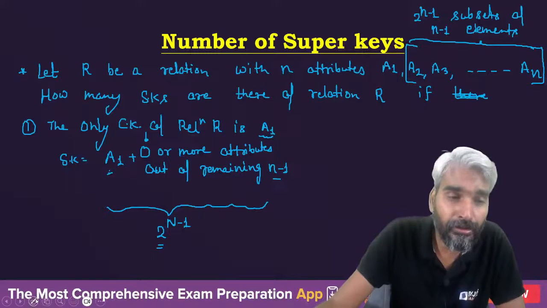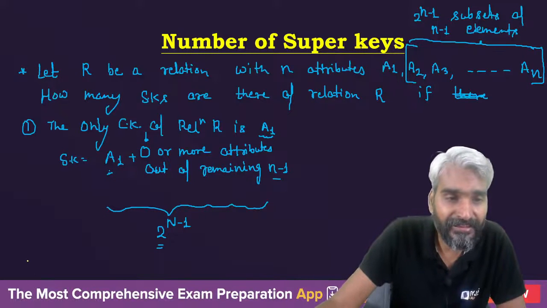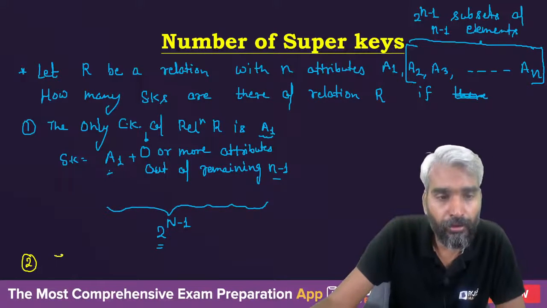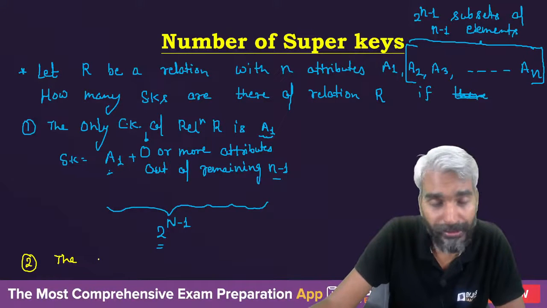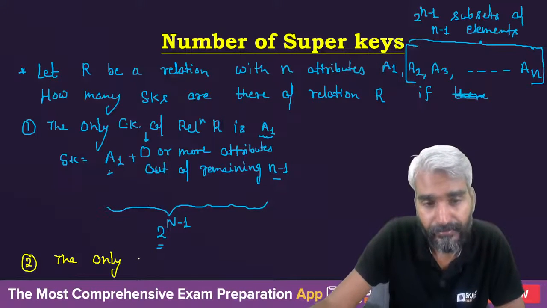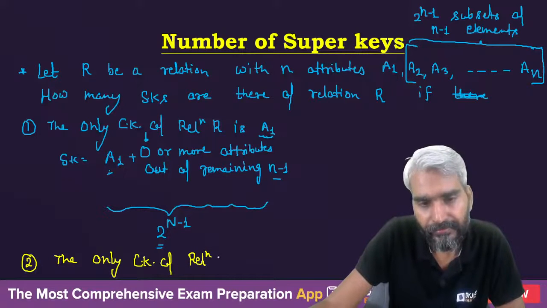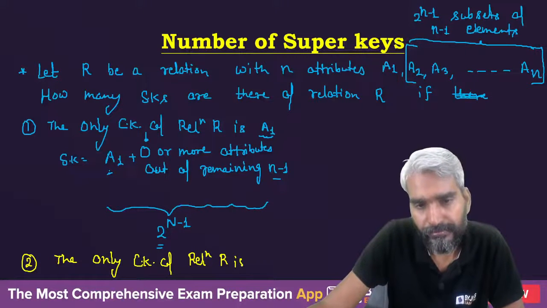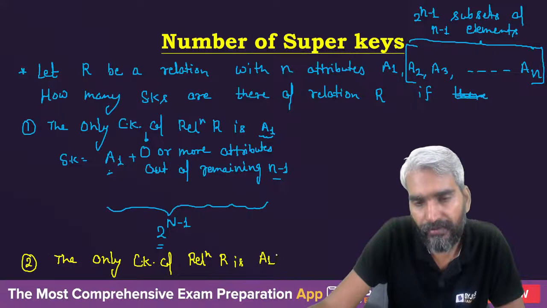If I ask you a new question, give me the answer this time. The only candidate key of relation R is A1, A2.